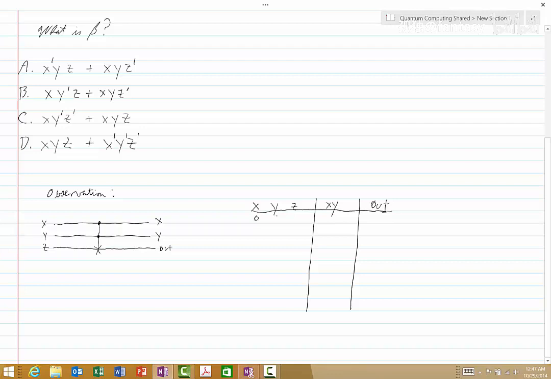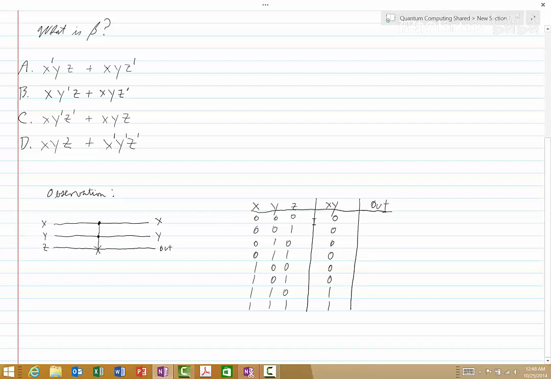Okay, so now we're going to go through all the possibilities: 0, 0, 0, 0, 0, 1, 0, 1, 0, 0, 1, 1, 1, 0, 0, 1, 0, 1, 1, 1, 0, 1, 1, 1. And now we calculate XY in each case, and so that's 0, 0, 0, 0, 0, 0, 1, and 1, because 0 ANDed with anything is 0.